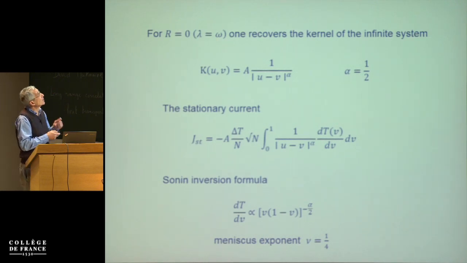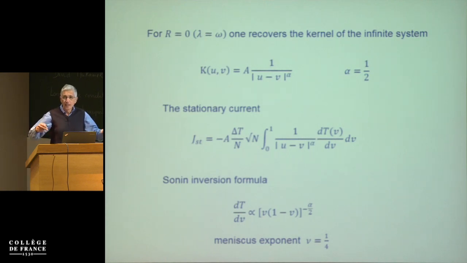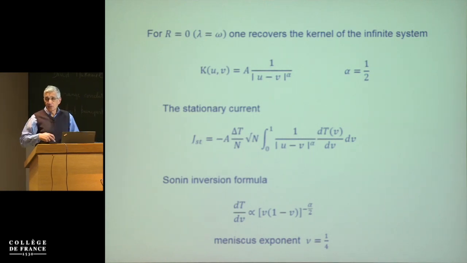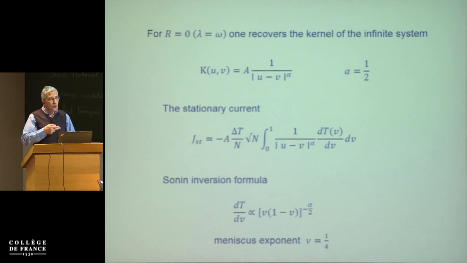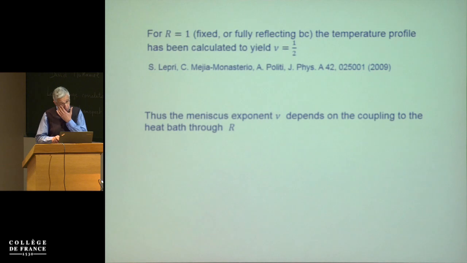But it applies only when the reflection coefficient is 0. So it's only in that case that it is correct. It turns out that when the reflection coefficient is not 0, this is going to change the profile, not only the meniscus, but also the whole profile. And let me just discuss that a little bit.